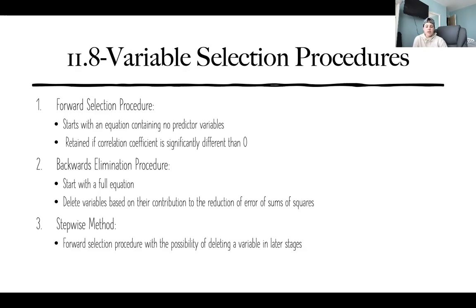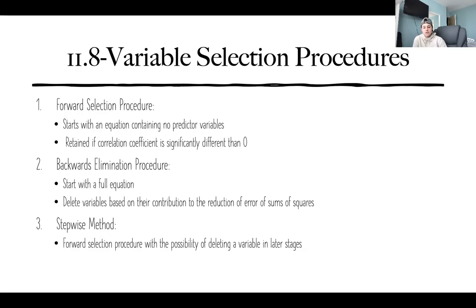And our third method is the stepwise method. This is essentially a forward selection procedure, but with the added possibility of deleting a variable down the road. A variable entered in earlier stages can be deleted in later stages in this method. Our AIC and our BIC can be used for setting up stepwise procedures.